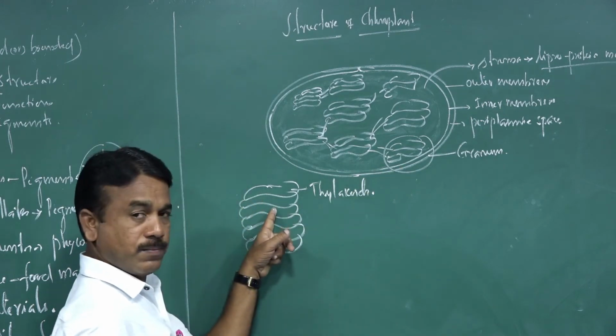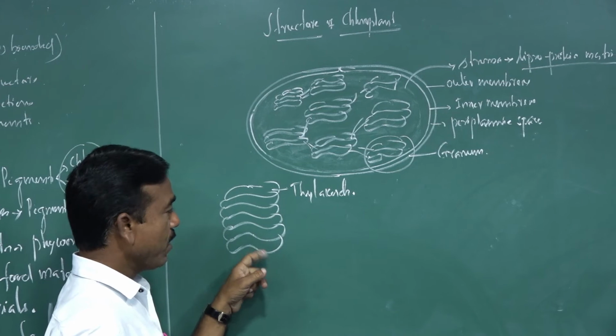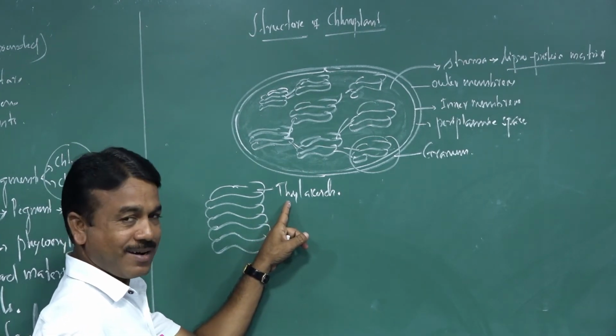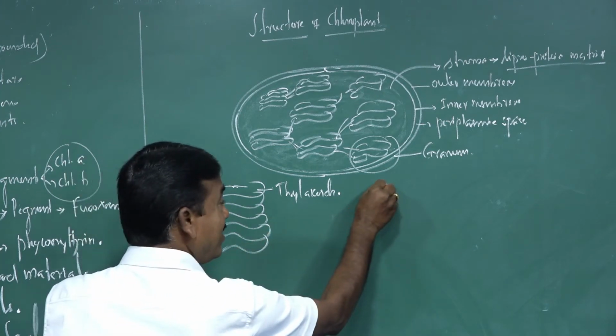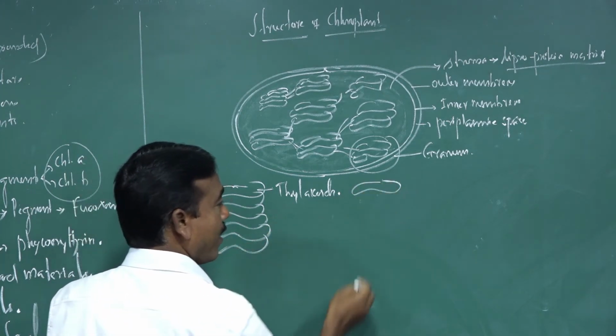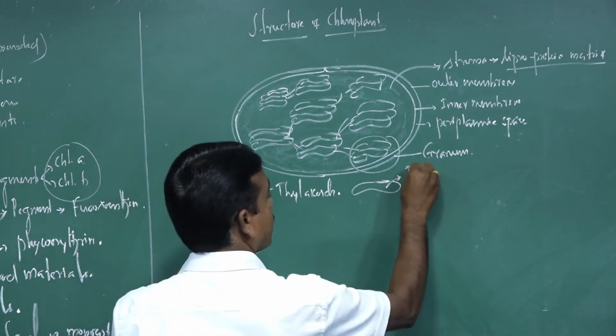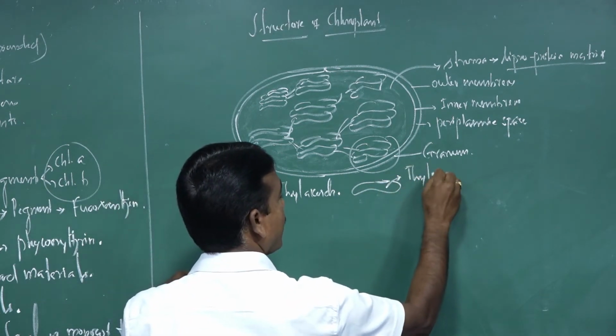Each granum consists of several disc-shaped lamellae commonly called thylakoids. Each thylakoid has a space that is commonly called the thylakoid lumen.